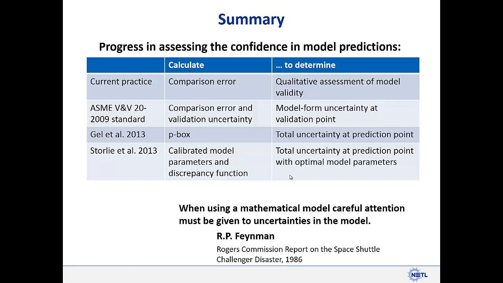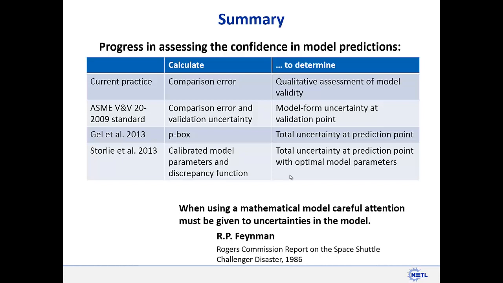What we did in our work, this is the first paper I talked about, is calculate what's called the P-box. You remember the two S-shaped curves with the two lines. What that gives is the total uncertainty at the prediction point. So you do the validation, get the model form uncertainty, and then you can have the p-box.